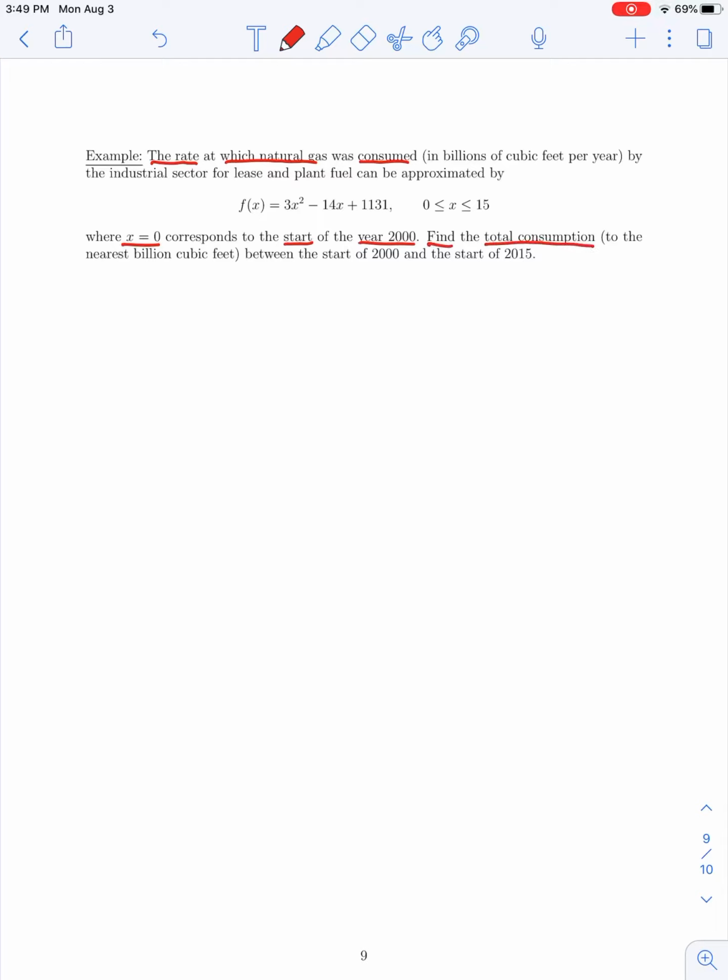So we want to find the total consumption to the nearest billion cubic feet between the start of 2000 and the start of 2015.